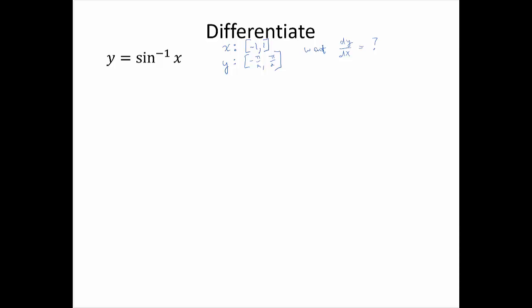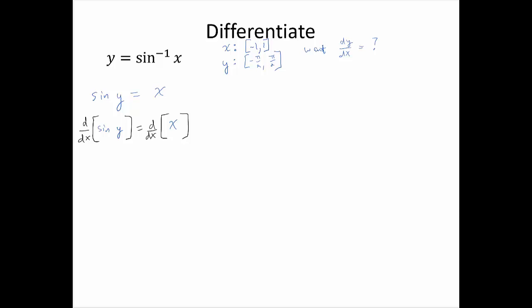So if y is equal to sine inverse of x, then, using an idea like I just did in the previous exercises, I can rewrite this as the sine of y is equal to x. And now I can differentiate both sides of the equation, applying the differential operator d by dx to both sides. So d by dx of sine y is d by dx of x.